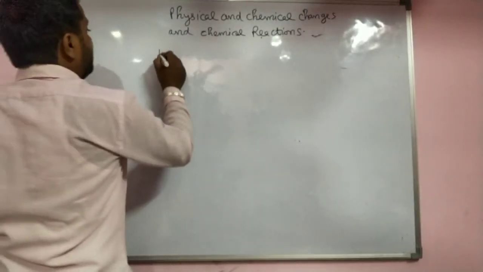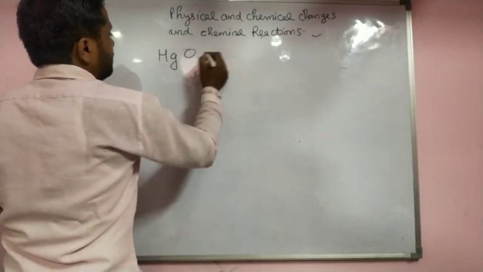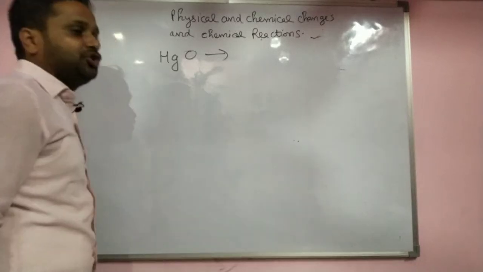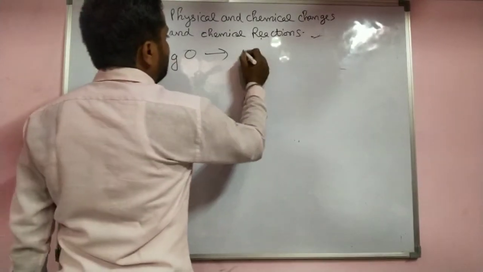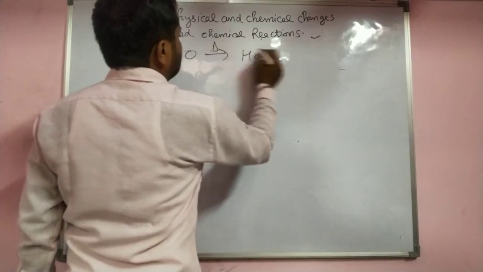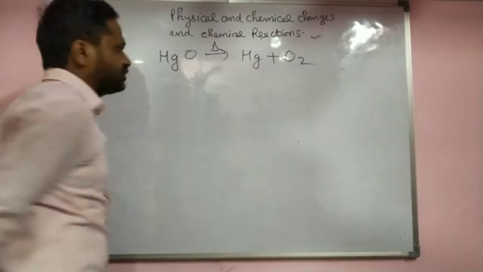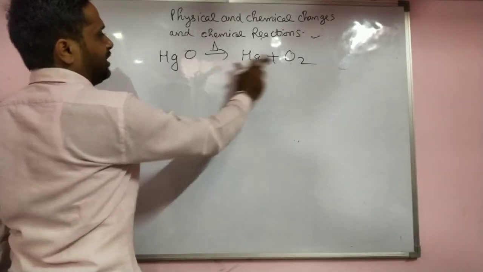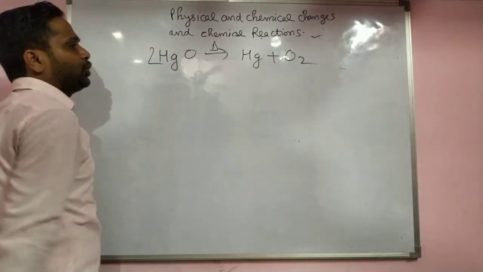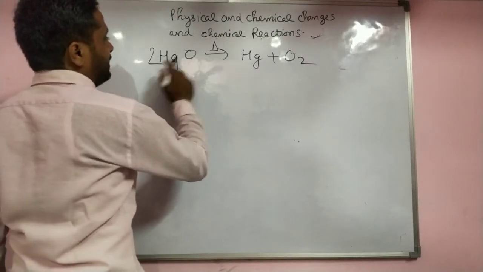One reaction we already did. HgO, mercuric oxide. When you heat it, it gives Hg plus O. First of all balance. Mercury 1, mercury 1. Oxygen 1, oxygen 2. You should multiply with 2. Here mercury 2.